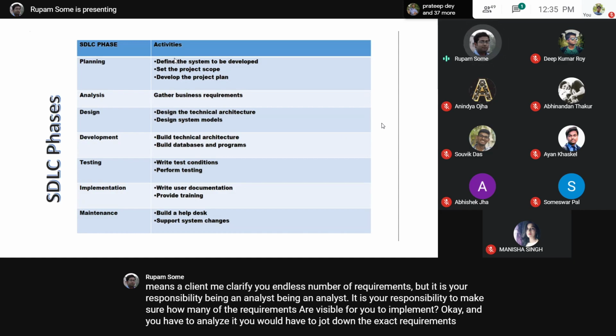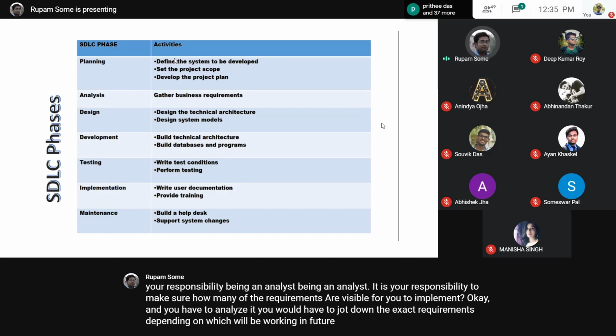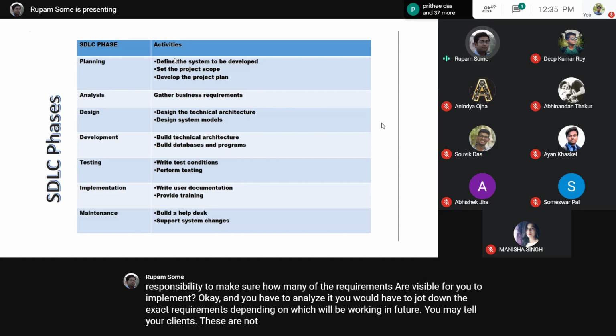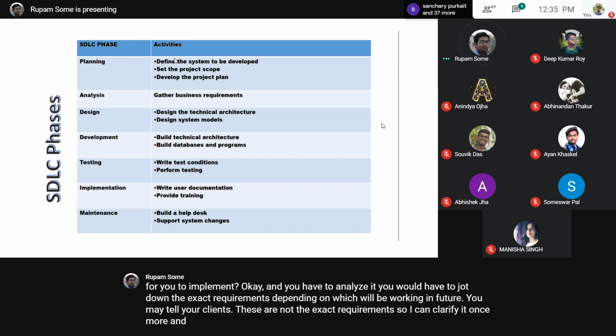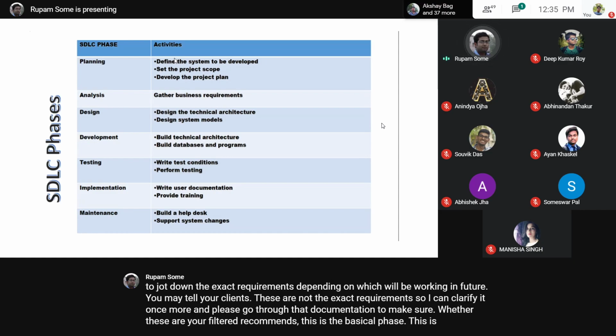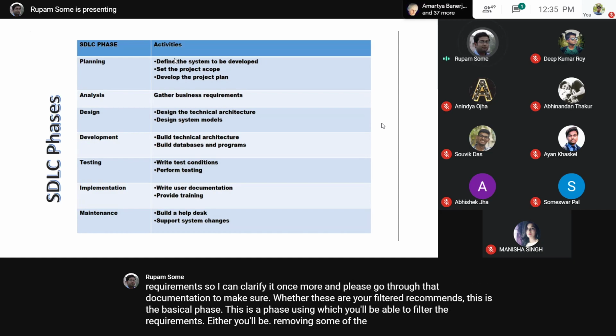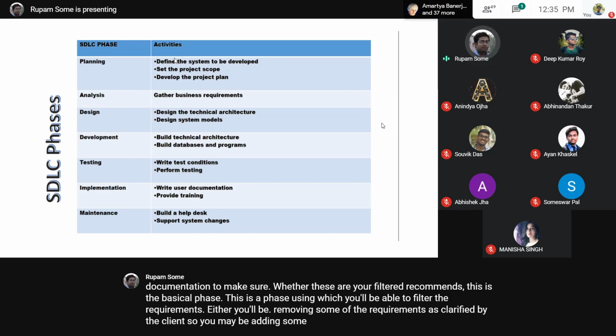You may tell your client, sir, these are not the exact requirements, so I can clarify once more, and please go through that documentation to make sure these are your filtered requirements. This is the phase using which you'll be able to filter the requirements. Either you'll be removing some of the requirements as clarified by the client, or you may be adding some requirements intentionally to make the project simpler.